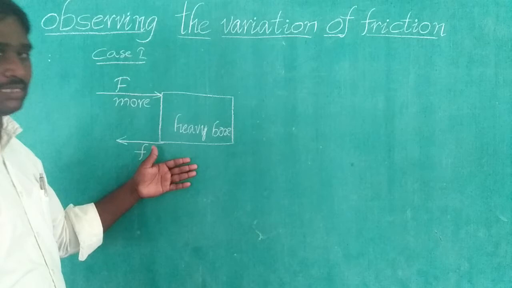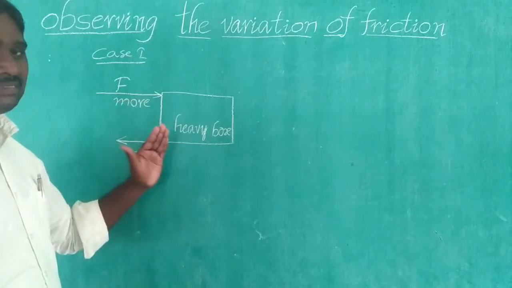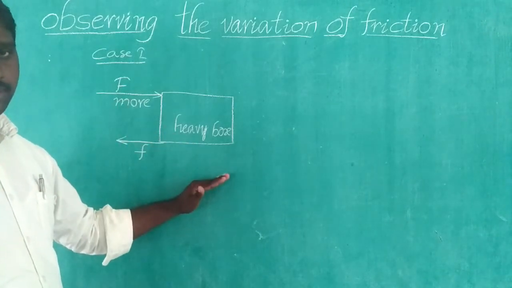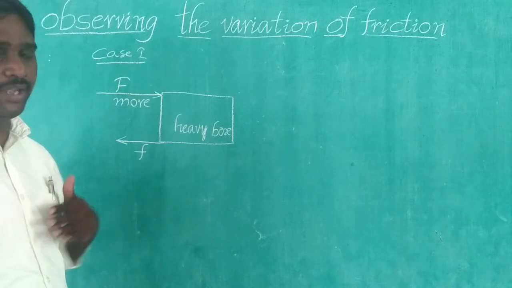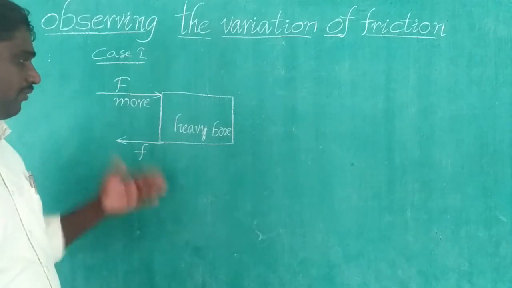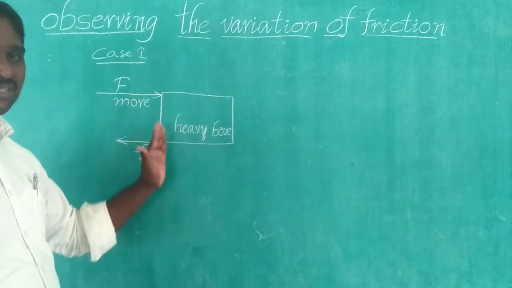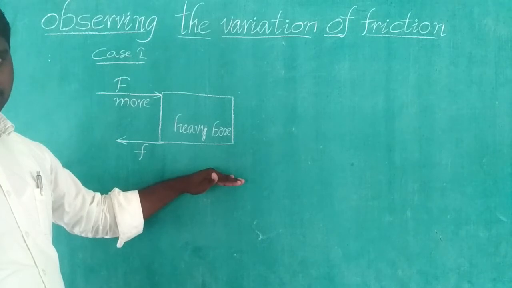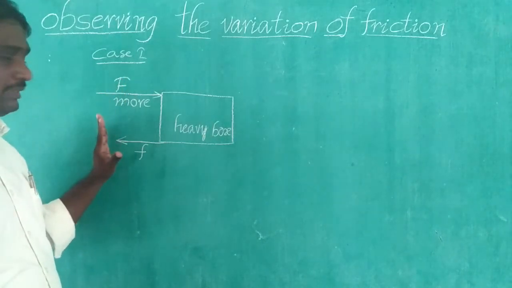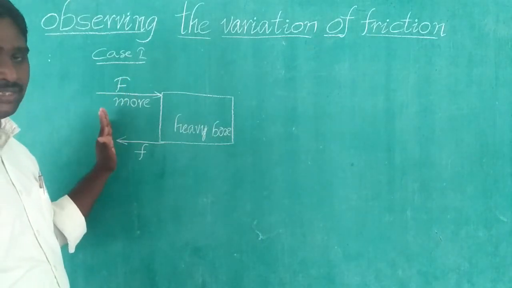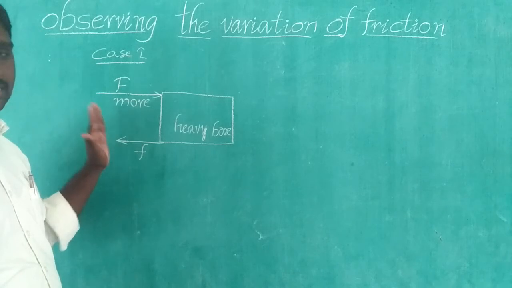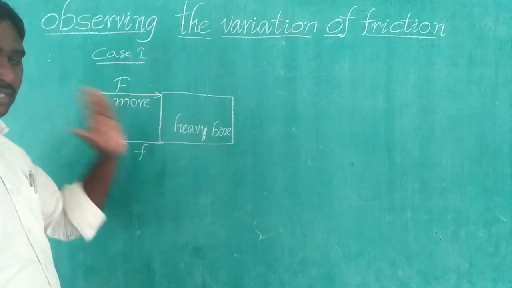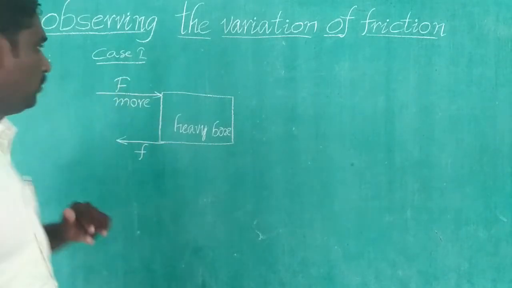We notice that this heavy box does not move. Why? Because the friction force is also increased. These two forces are equal in magnitude but in opposite direction. That's why the heavy box does not move.